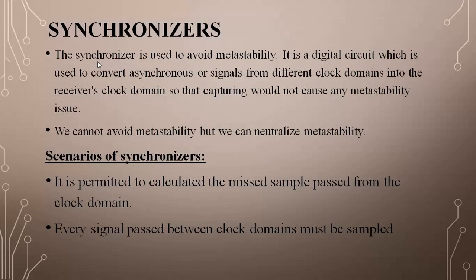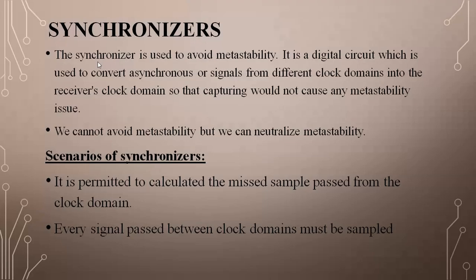When the flop gives a timing violation, we have a chance of getting the data in a metastability condition. What is a metastability condition? It is when the data output will not be completely 0 or completely 1. It will be in the middle of the state, in some unpredictable state. That case is said to be metastability.